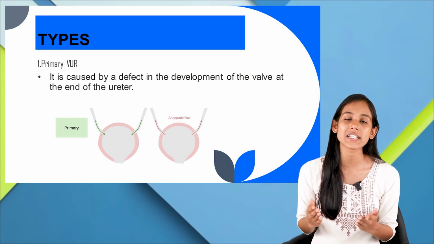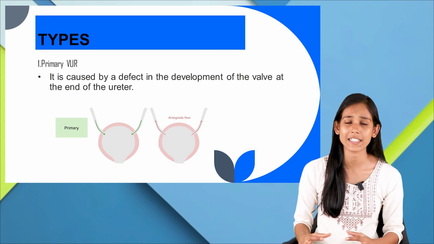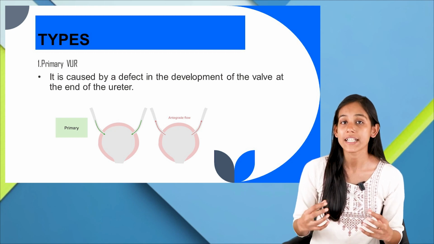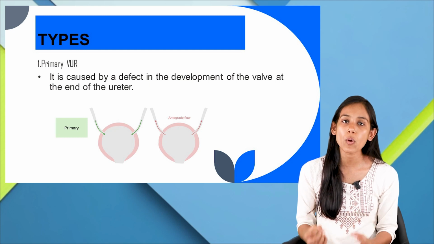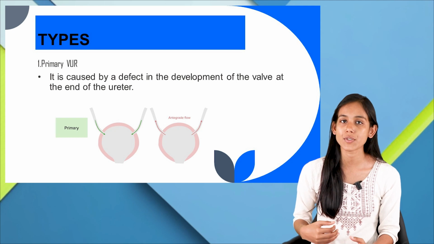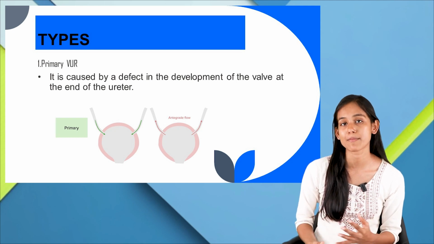So here clearly we can see in primary vesicoureteral reflux that this valve is not properly formed or developed, so it won't be able to close off properly, and that's the reason the urine would backflow to the ureter and to the kidneys from the bladder. Among these two types, primary VUR is the most common type of vesicoureteral reflux, and it is mostly diagnosed shortly after birth.